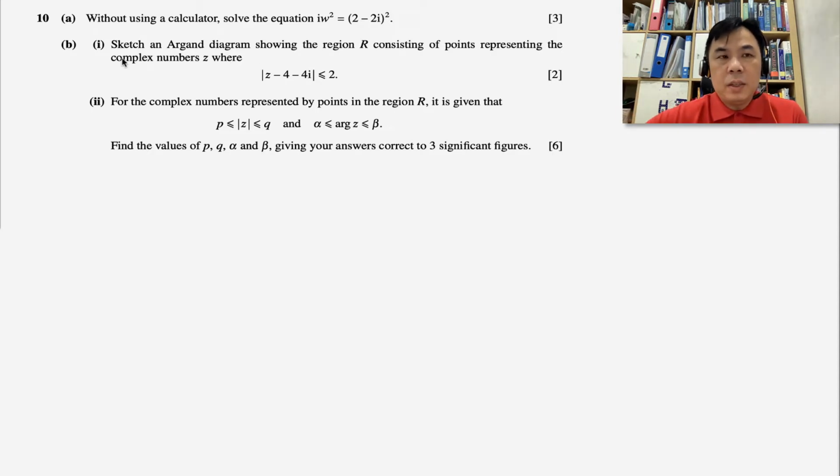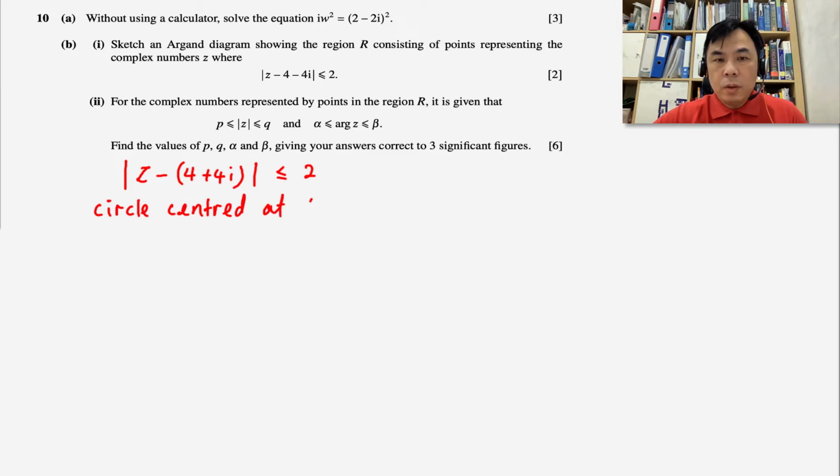accurately and safely in the exam, I would advise you to rewrite this form in this way. So we're going to factorize this. So there it looks something like this. The main reason why I want you to factorize this is as a reminder that this is actually a circle. For this section, it represents a circle centered at 4, 4.